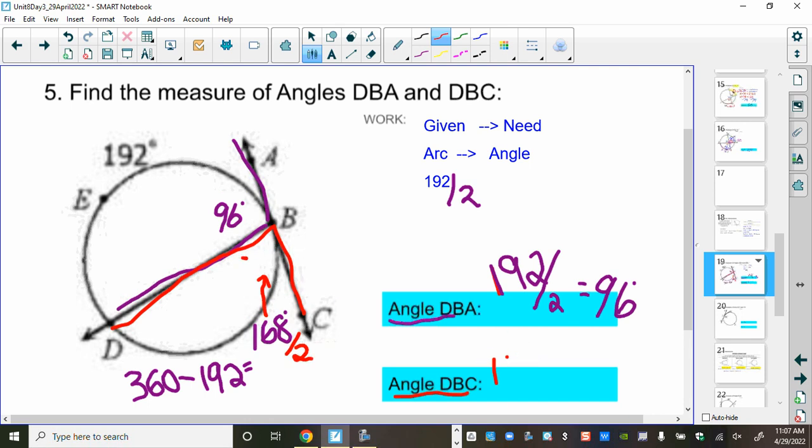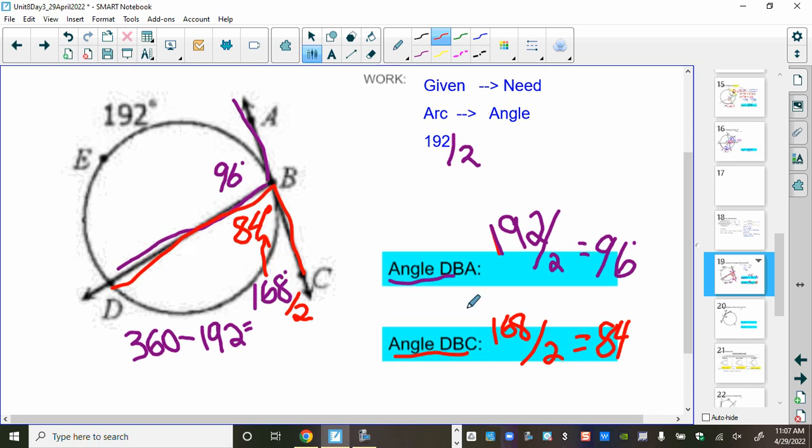That's the other way. Excellent thinking. Again, that's called using the information. So in the end, you had 2 options: 168 divided by 2, that gives you 84, or 180 minus 96. Excellent.